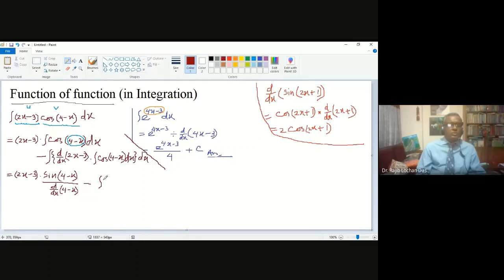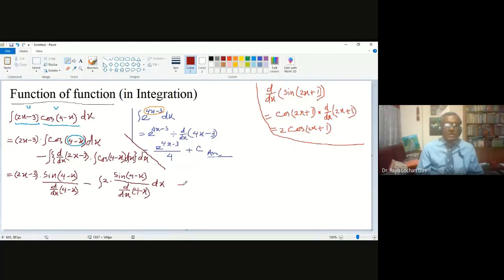It is only 2, and 3 is just 0, and integration of cos will be the same thing, like sin 4 minus x divided by d/dx of 4 minus x. So in the next line you will write the answer, what is d/dx of 4 minus x. Up to this it is all right.